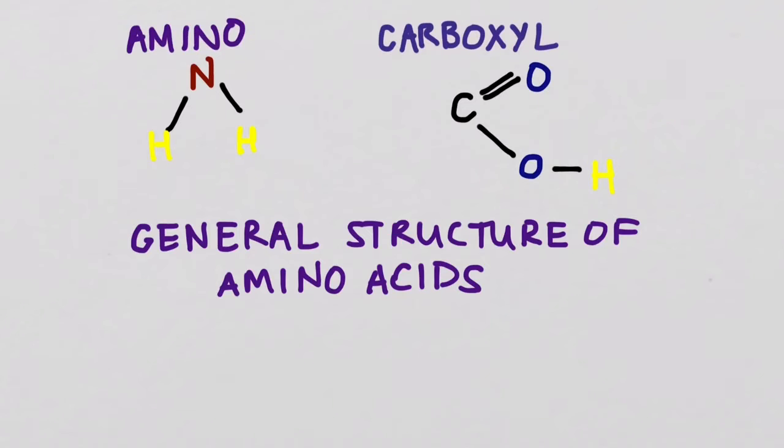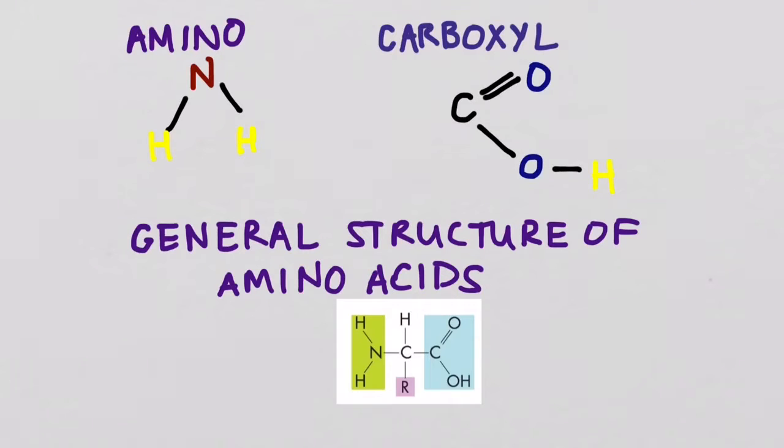So let me just insert a picture here to show you what the general structure of an amino acid looks like. Our amino group is shown here in green, N connected to an H and an H. Then over on the right hand side we have our carboxyl, C double bonded to O, OH.